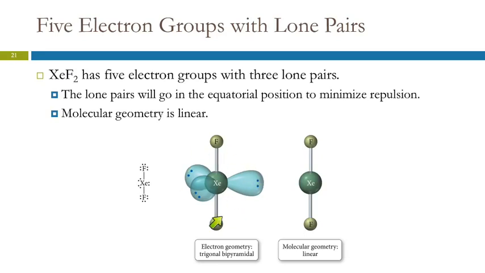But there are 3 lone pairs around the center. Any questions? Yeah. Since there are 3 lone pairs, do the lone pairs push each other away as much as they do the other electron groups? That's a good question, because we were talking about, like with ammonia, that the lone pair is going to push the bonding groups closer together.